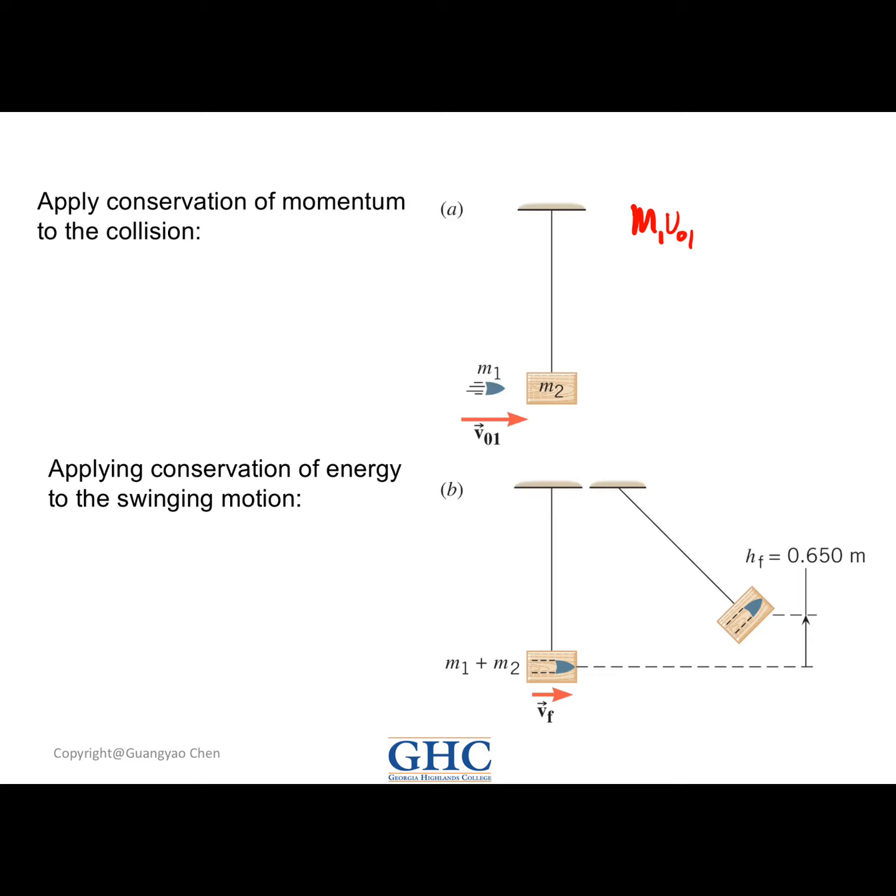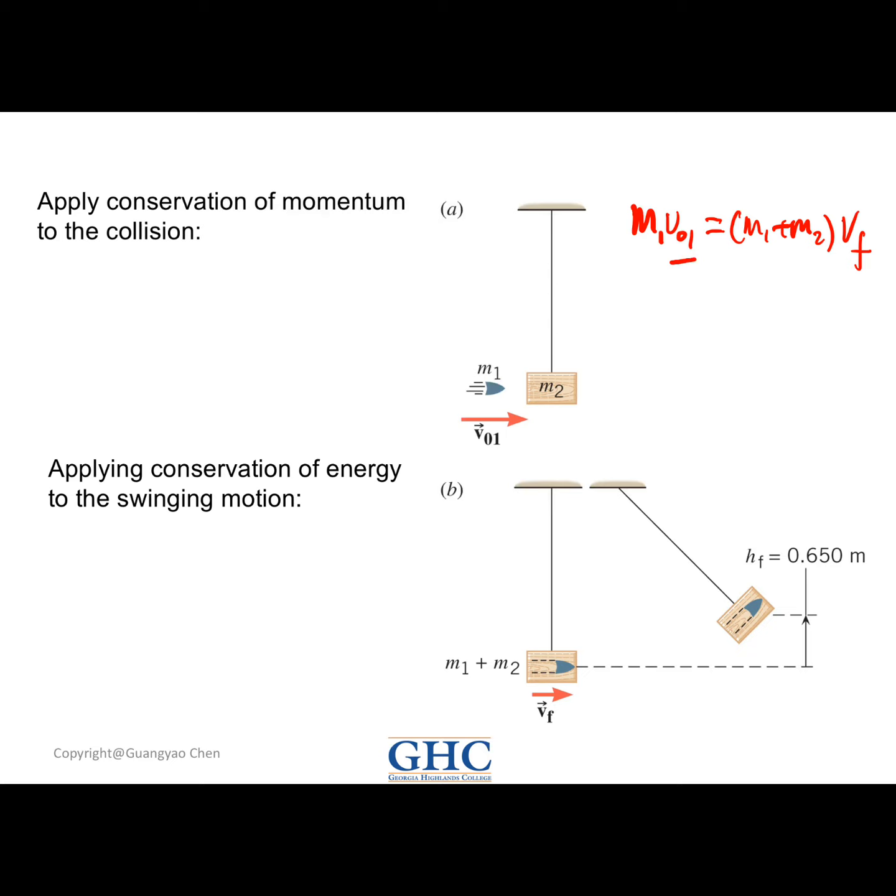So that's the initial momentum of the system because velocity of m2 is 0. Now after the collision, m1 and m2 stuck together. So you have this momentum of the system after the collision. So you can solve for the initial velocity of the bullet v01 from Vf.